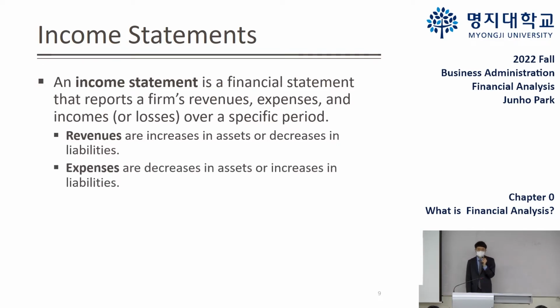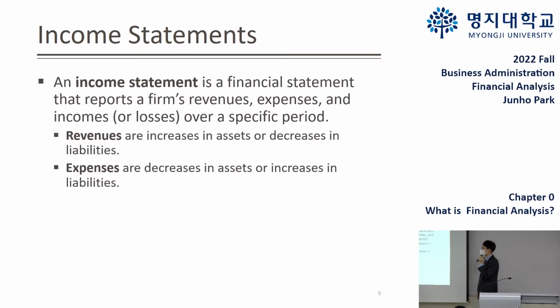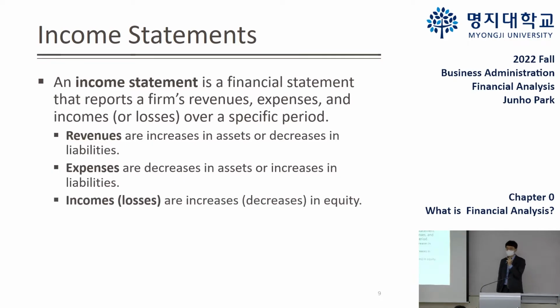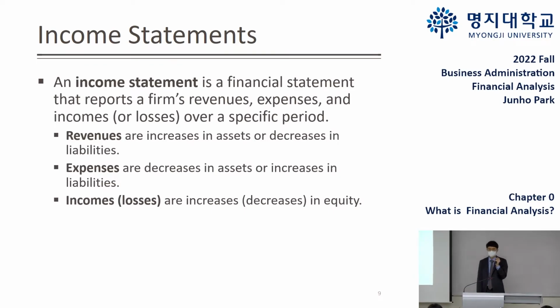And expenses are something you spend for your business activities, but I'd like to define them as decreases in assets or increases in liabilities. And finally, I'd like to define income as increases in equity.